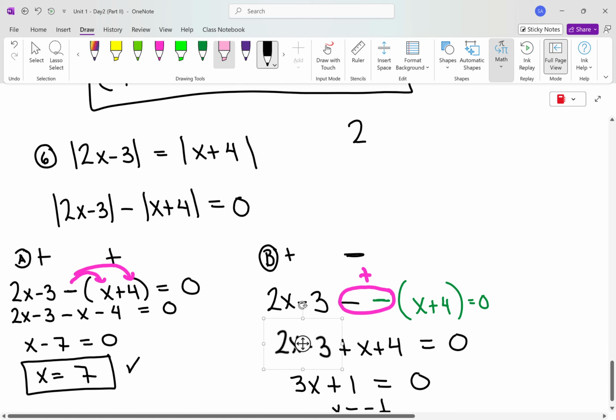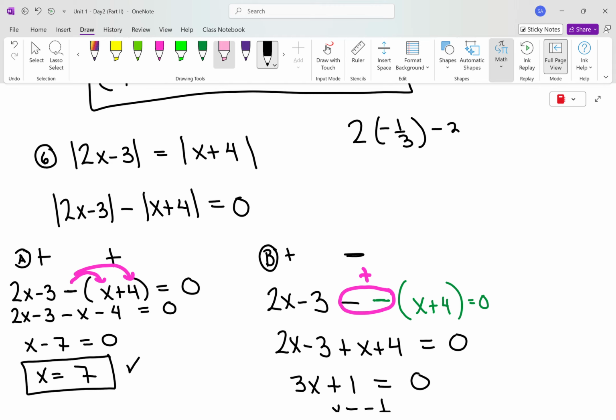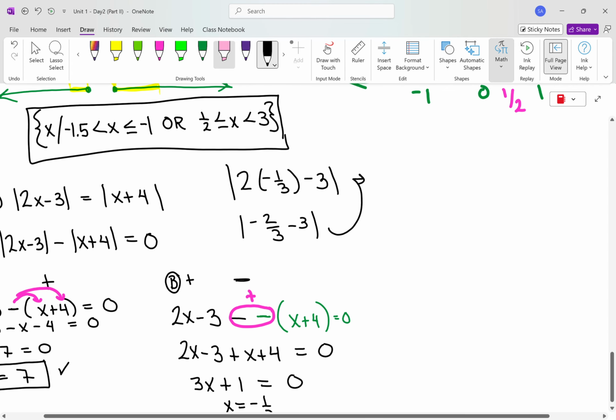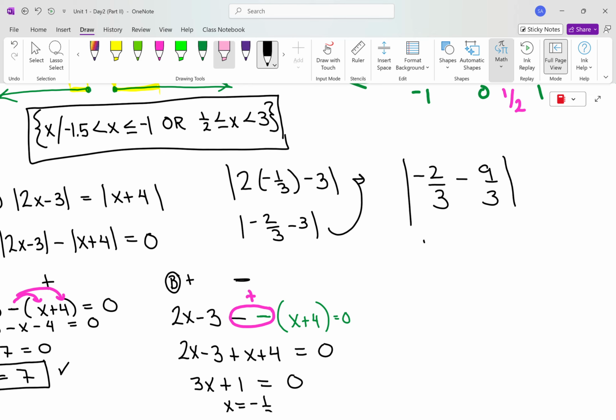We need to check this. So this is going to take a little bit of work. So we're at 2 times negative 1/3 minus 3. That's the absolute value. So this is going to be negative 2/3 minus 3. I'm going to make a common denominator. So it's negative 2/3 minus 9/3, which is negative 11/3.